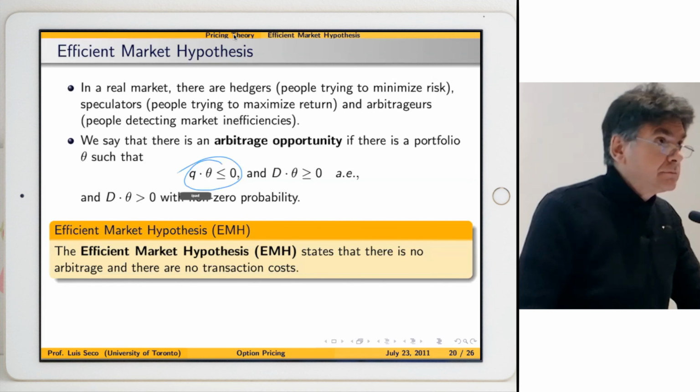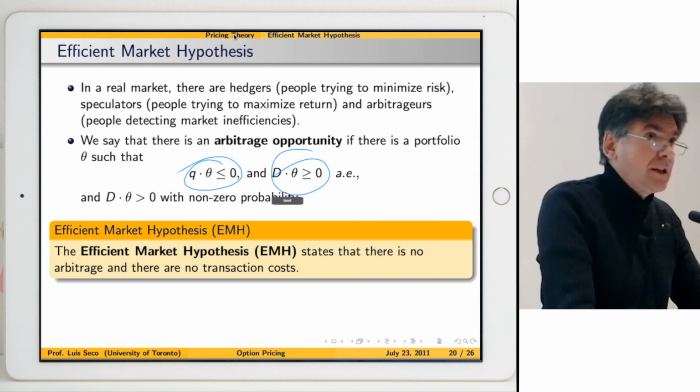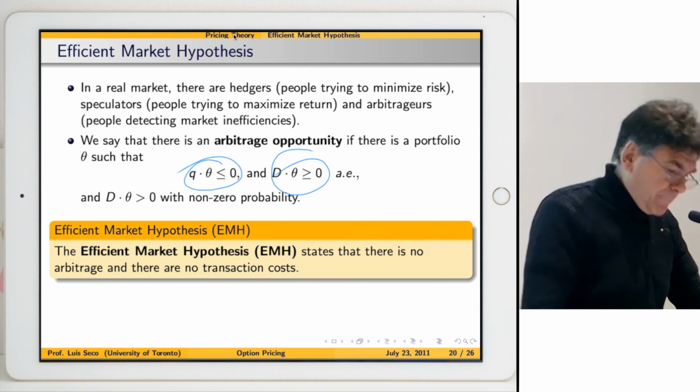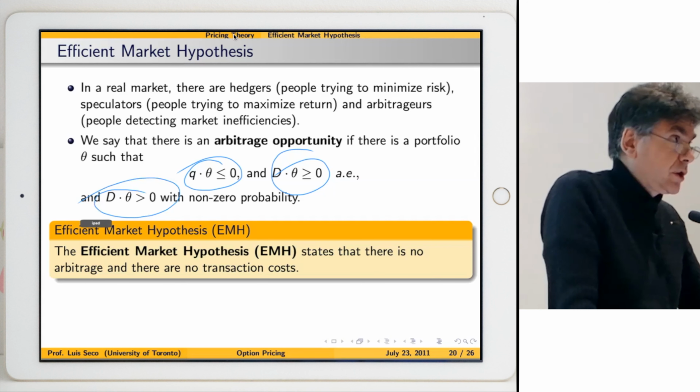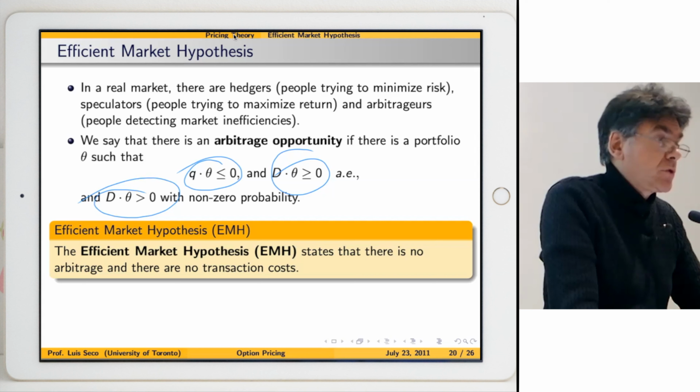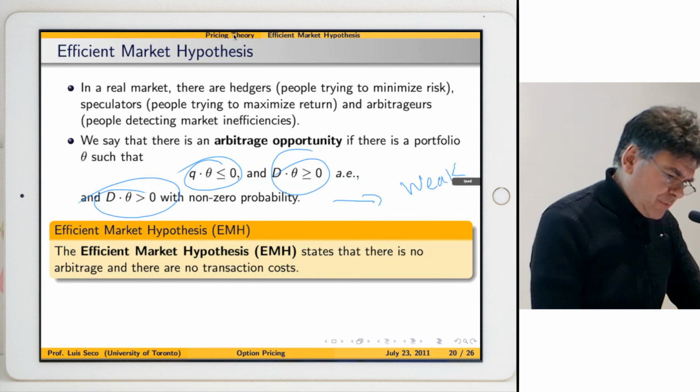It doesn't cost you anything, and it's only going to give you money. But it has to give you some money for sure with a non-zero probability. There's a version called weak arbitrage, which removes that.